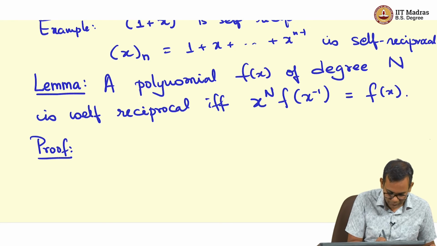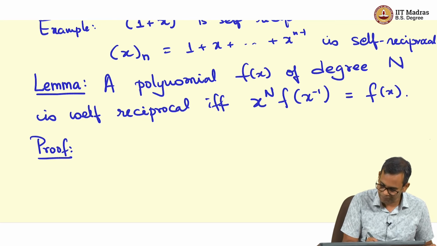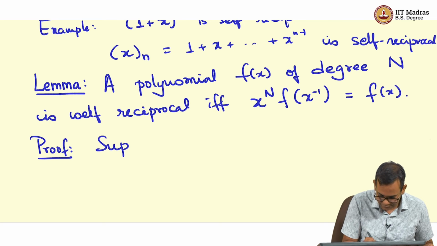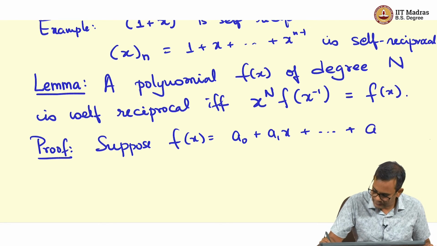Let us just try to understand what the meaning of this x to the n times f of x inverse is. So, let us write out the form of the polynomial f. So, suppose f of x is of the form a 0 plus a 1 x plus a n x to the power n.